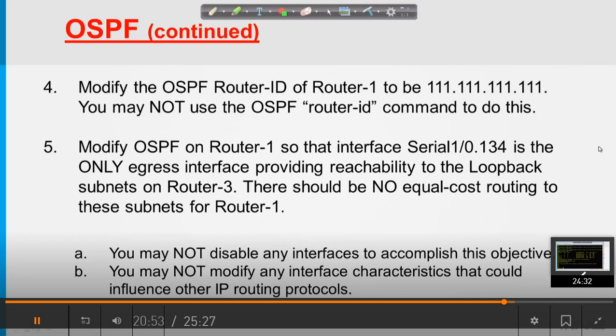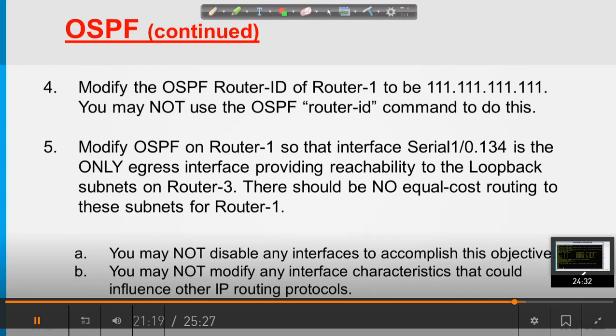All right, and step 5 here is our last OSPF task. Then we'll take a break. I know we're overdue for one. Modify OSPF on router 1 so that interface serial 1/0.34, that's the one going into network H, the non-broadcast multi-access network, is the only egress interface providing reachability to the loopback subnets on router 3.